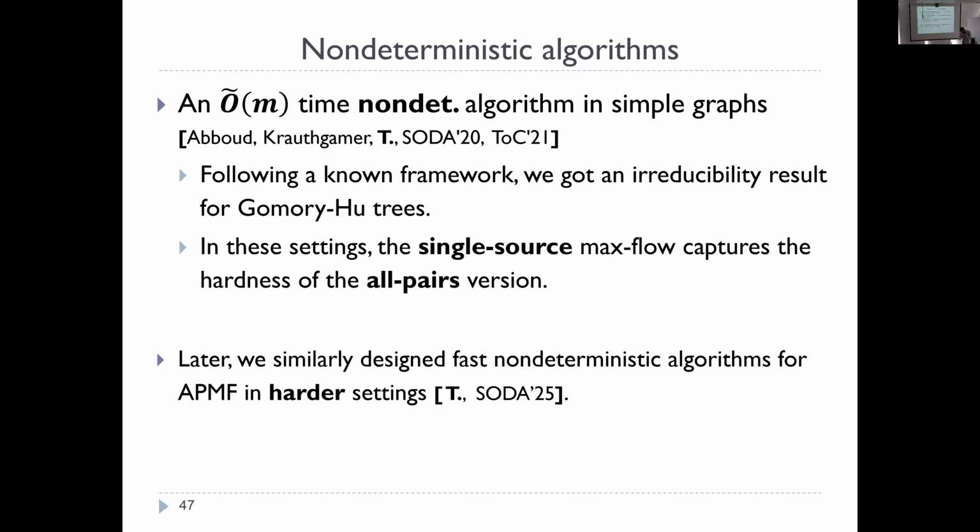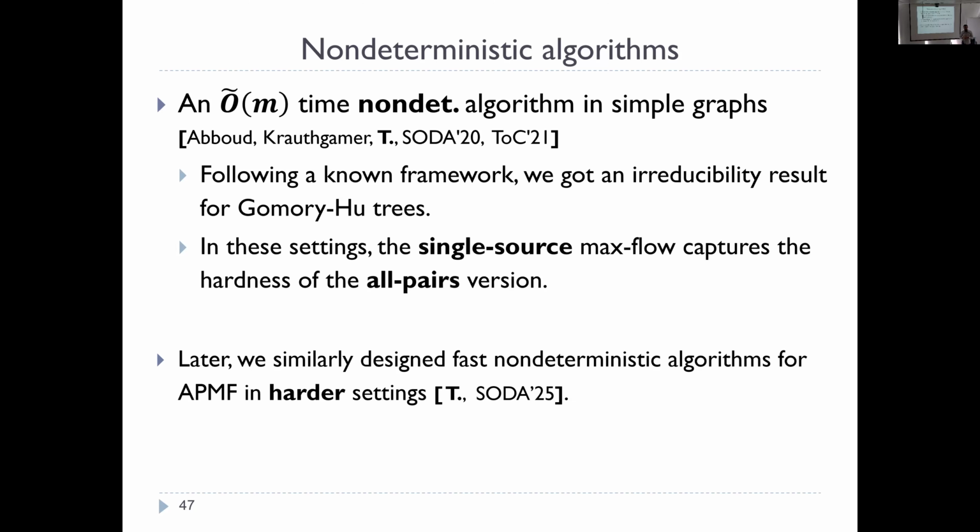Now, for this problem, importantly, what we got, again in the non-deterministic setting, is that the difficult thing about Gomory-Hu trees is just finding the values from a single node. The Gomory-Hu tree solves all pairs max flow, it is a data structure for the all pairs variant.